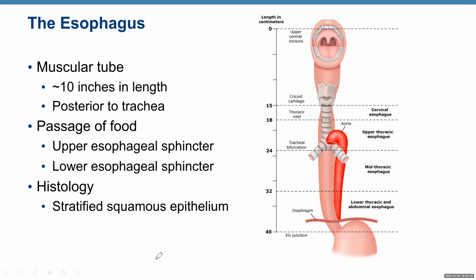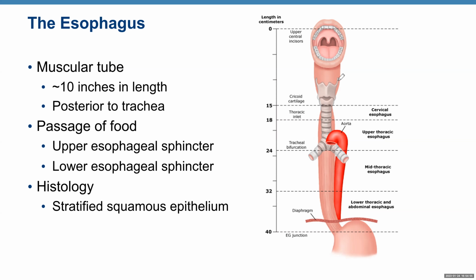So here we have our oral cavity. Then anterior to this structure here, that's a part of the respiratory system. So we have the larynx, we have the trachea. Now posterior to the larynx and trachea, we have the esophagus.